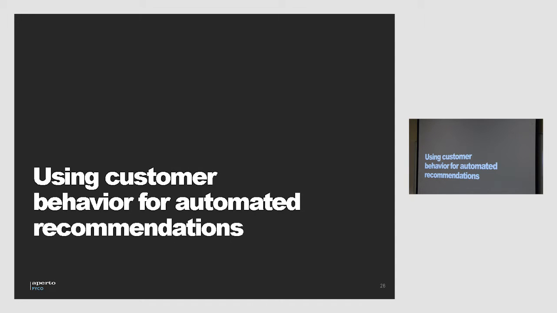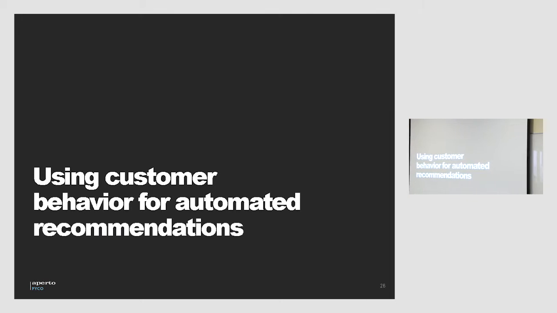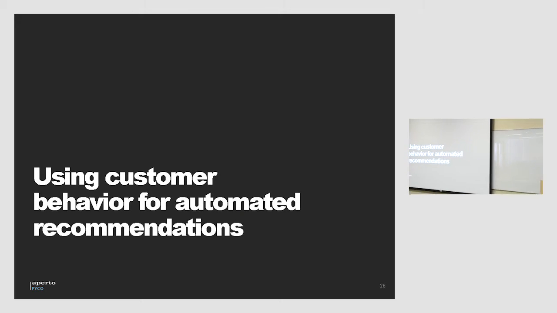Okay, a next data source for targeting your content is the browsing behavior. So it's really interesting to find out how the user is browsing on your website, which kind of content he's consuming, and then providing recommendations and additional content to this user.